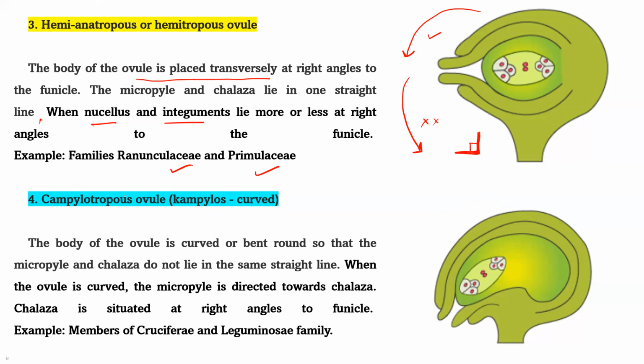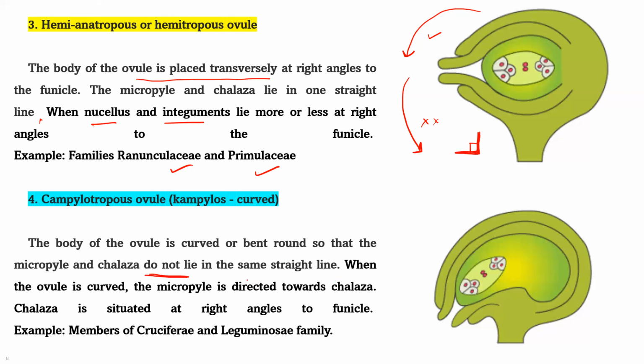Okay, next we come to the campylotropous ovule. Campylos means curved. Look at the picture in each case very carefully, then only you will understand the matter. The body of the ovule is curved or bent round so that the micropyle and chalaza do not lie in the same straight line.